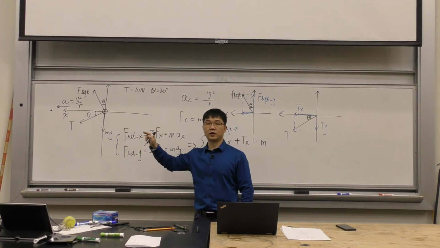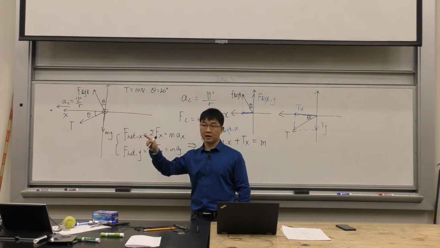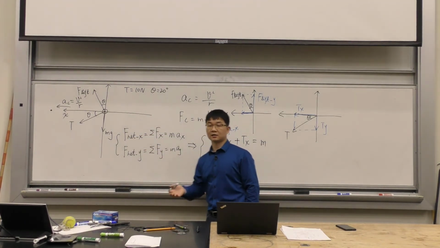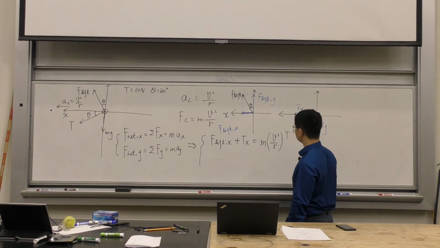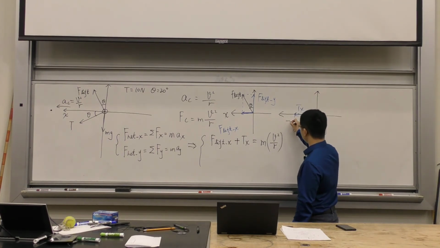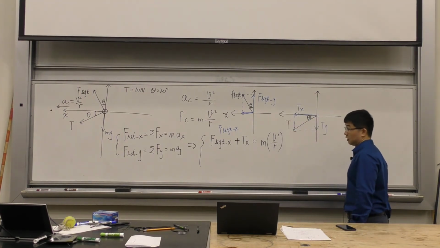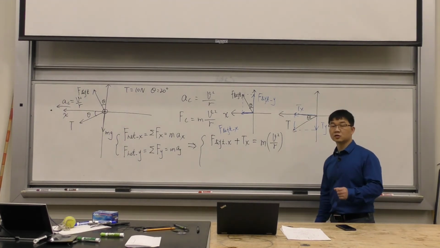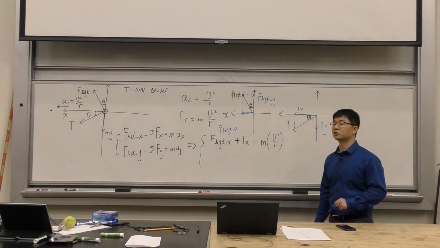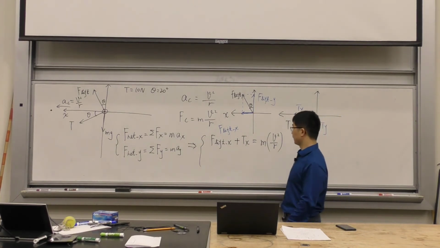If you call this your x-axis, you would put the centrifugal acceleration in that direction, so that becomes your ax. So my ax is going to be this. I'm still using Newton's second law. I'm not using a different law, but the acceleration in x or y direction can be the centrifugal acceleration, depending on which direction you call x or y.